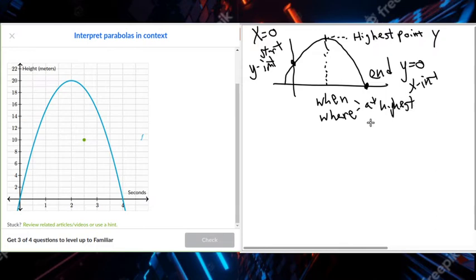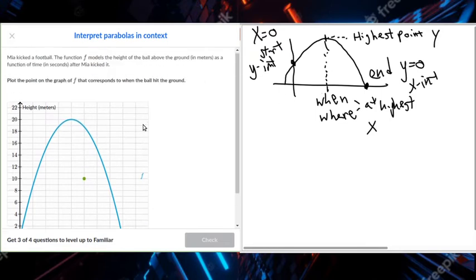And that is asking for this x value right here. So there's only really 4 things that people are interested in. I mean, they could say, how high was it at 3 seconds? But nobody really asked that.